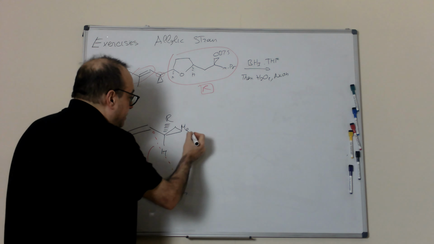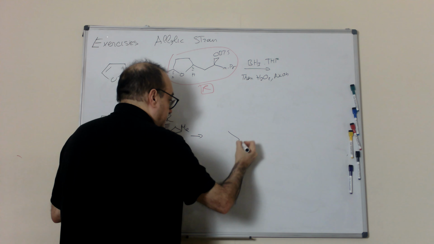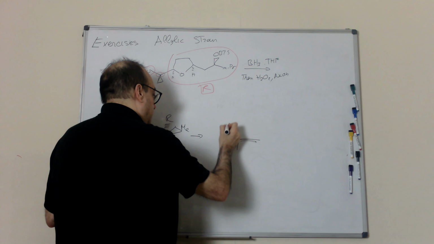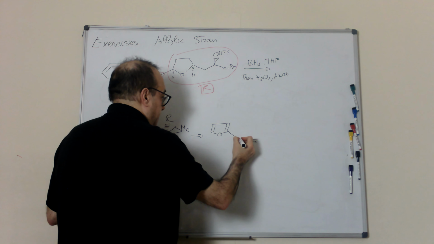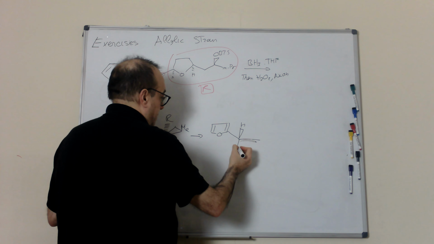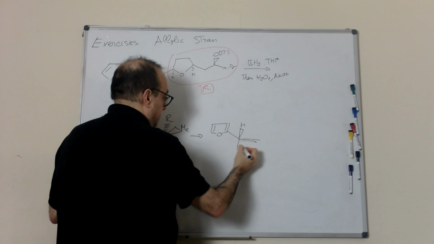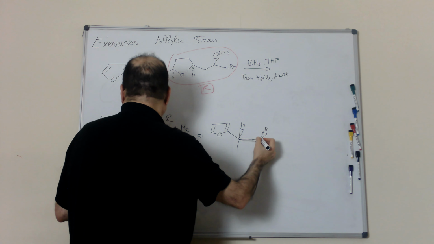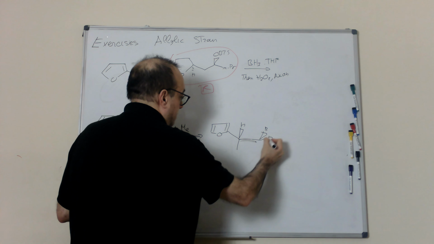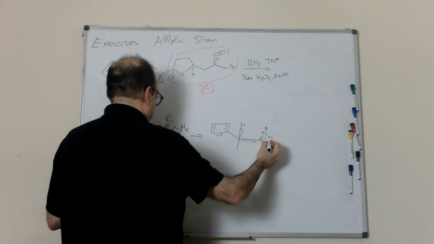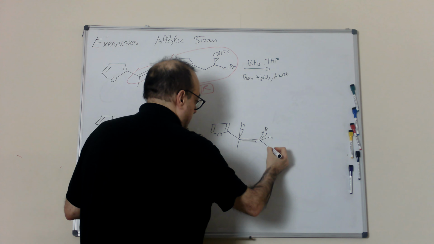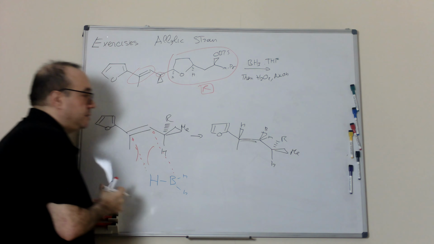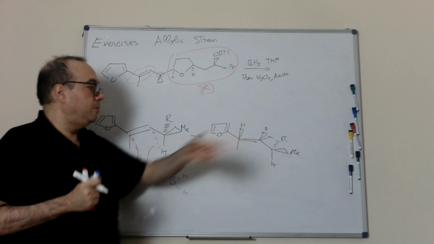That means if we draw it, we have this compound with the hydrogen and the boron coming from this part.